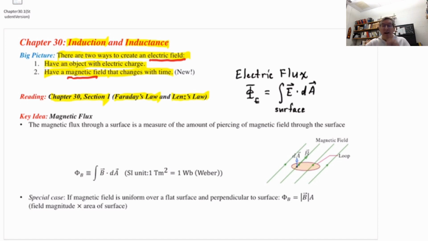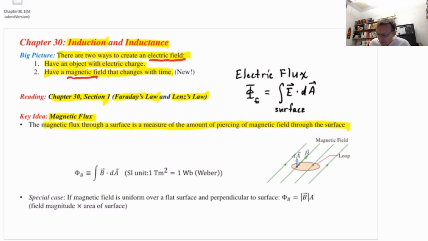So if I can quantify electric flux as electric field piercing a surface, then guess what? I can have something called magnetic flux, which is a measure of magnetic field piercing a surface.